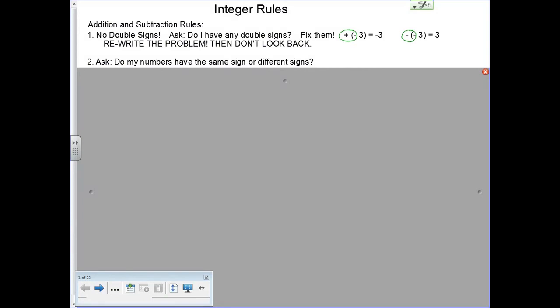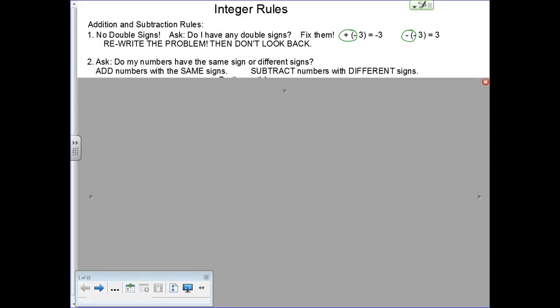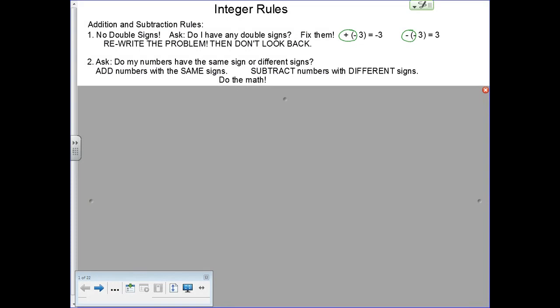If there's a plus sign to the left of it, it's positive. So you can circle each number and its sign and then ask yourself, do these 2 numbers have the same signs or different signs? If they have the same signs, you should add those 2 numbers together. If they have different signs, you should subtract those 2 numbers. And just do the math.